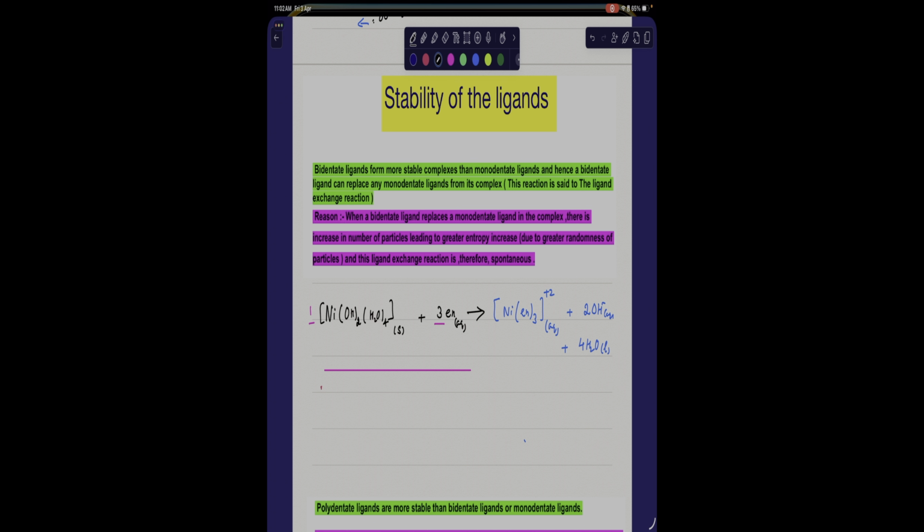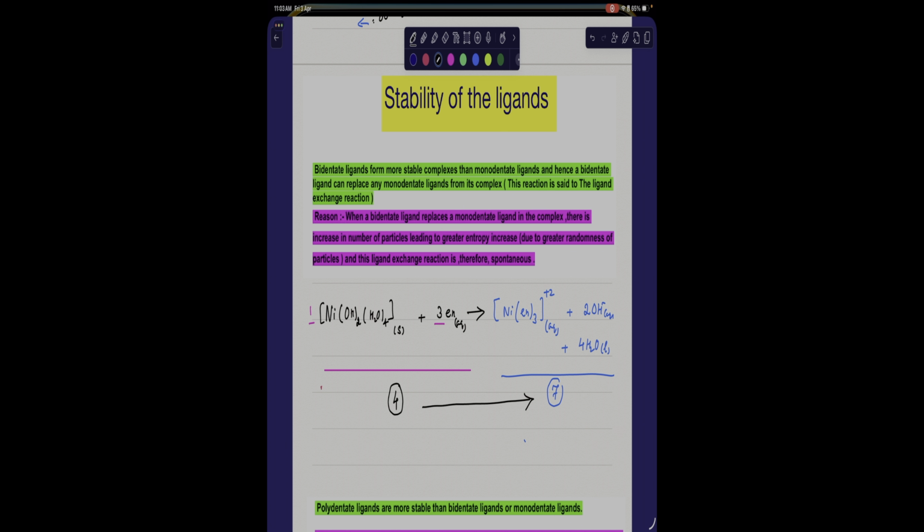So the total number of particles on the left side is 4. Please look at the right side. On the right side, you can see there is 1 complex ion, there are 2 OH ion and 4 H2O. So the total number of particles on the right side of the equation is 7, right? So when the forward reaction takes place, there is an increase in number of particles from 4 to 7.